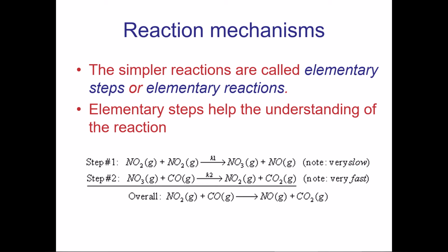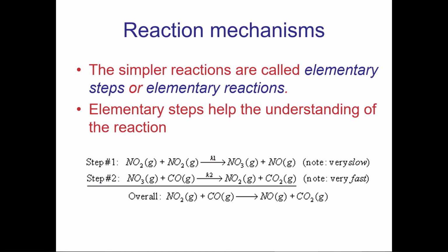So you can have just 2 steps, you can have hundreds of steps. We're only going to look at fairly short mechanisms of 2 or 3 steps. But the idea behind it works out the same, regardless of how many steps you have. Having the steps helps you understand how the reaction is progressing and where the kinetics come into play.